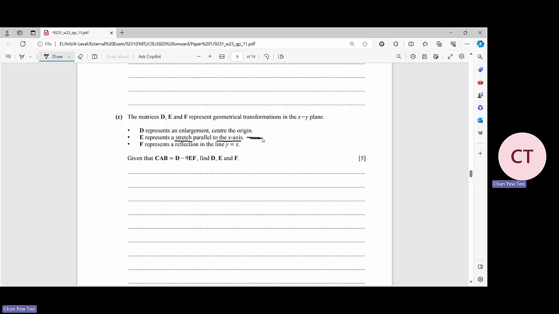So when it's a stretch, I need to know the scale factor. This one also enlargement, we also need to know the scale factor. So this one, I let it have the scale factor called K. This one, maybe I let the scale factor called alpha. F is represented by the reflection. This one only has a scale factor.